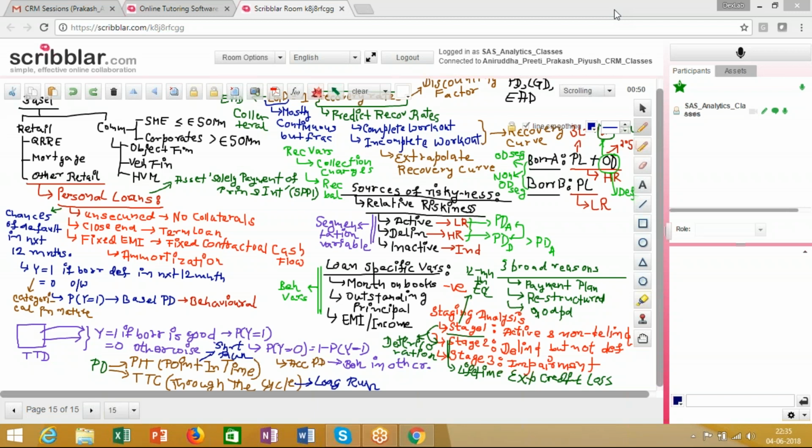And so through the cycle case over here is the long run case, right? If I talk about long run, that estimation has to be very stabilized in nature.